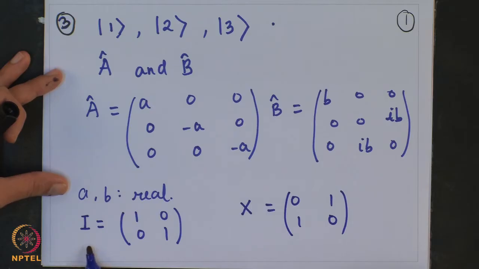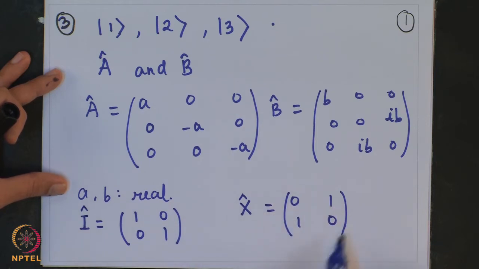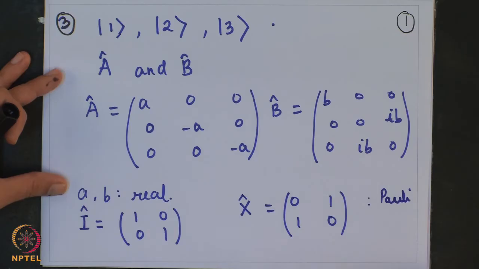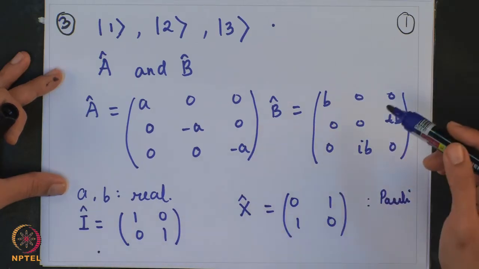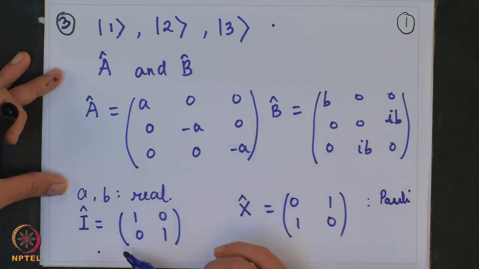I have swapped these entries and I get an operator x. This looks familiar, it is one of the Pauli matrices. Now I will try to write operator B in terms of the identity and the x operator.